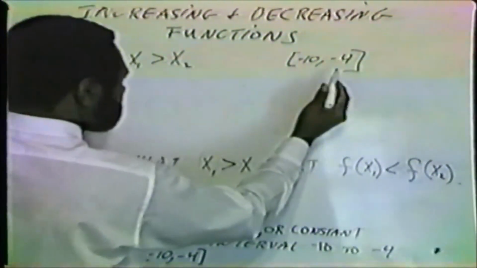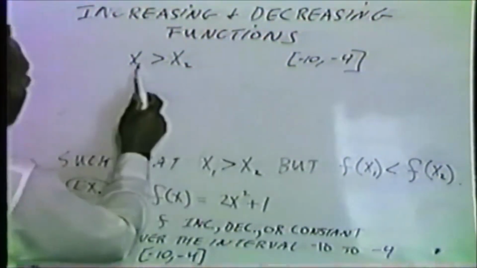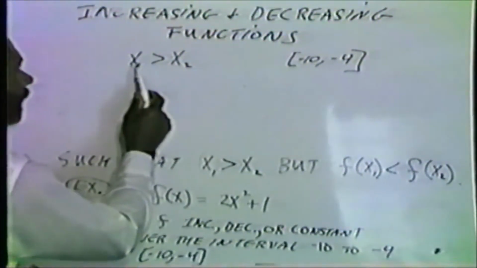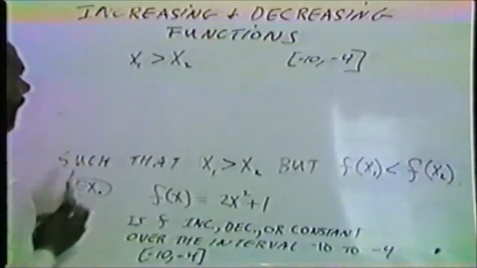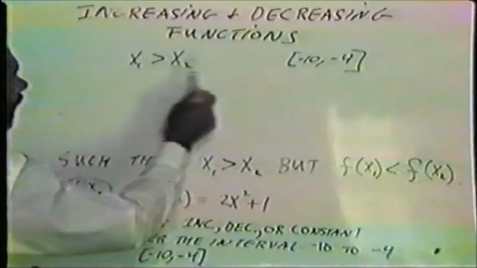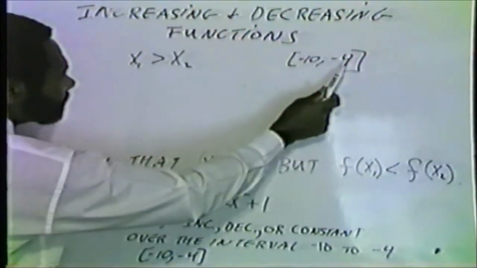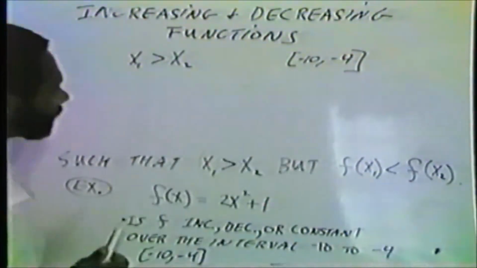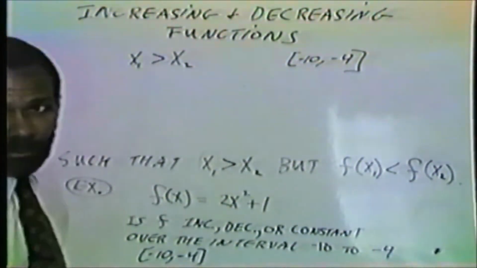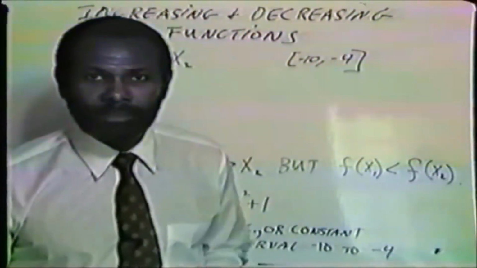Now x1 has to be the greater value of the two numbers. So in this case, would x1 be negative 10 or would it be negative 4?